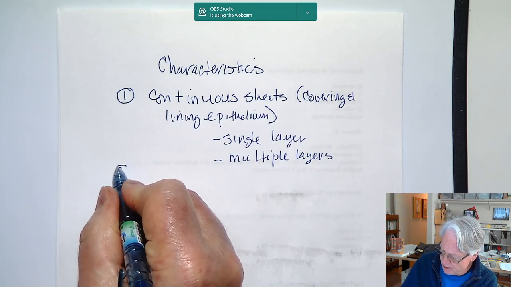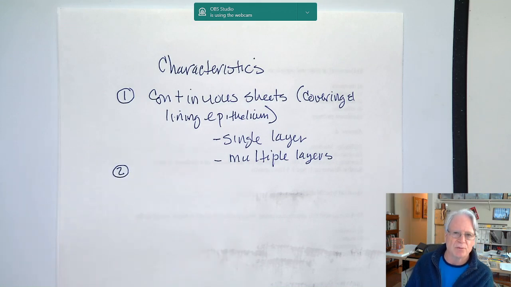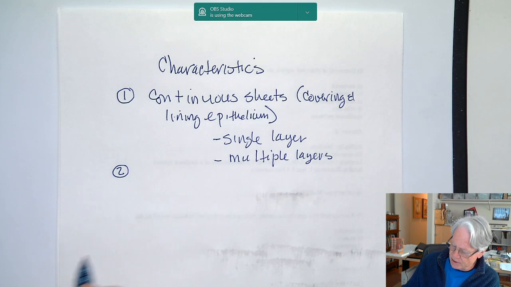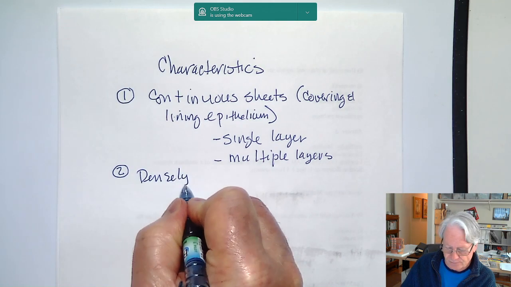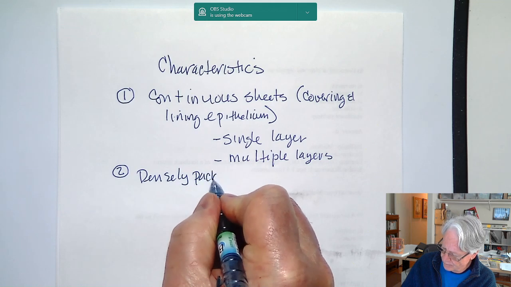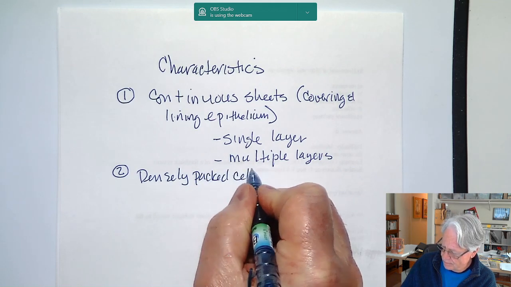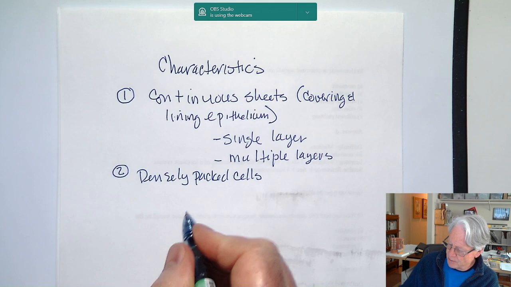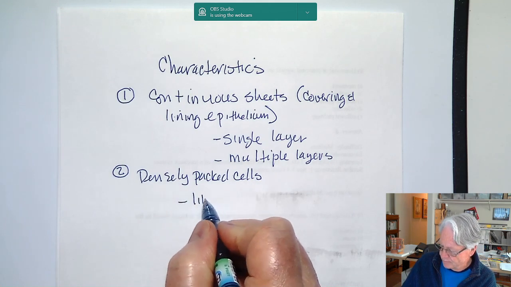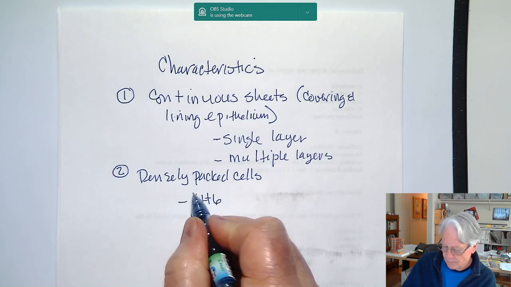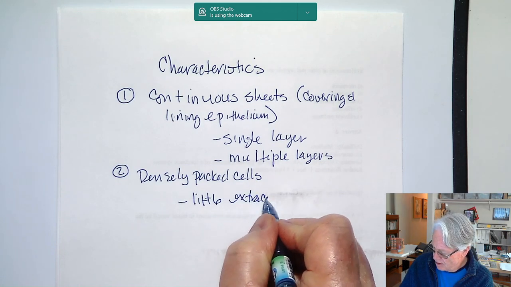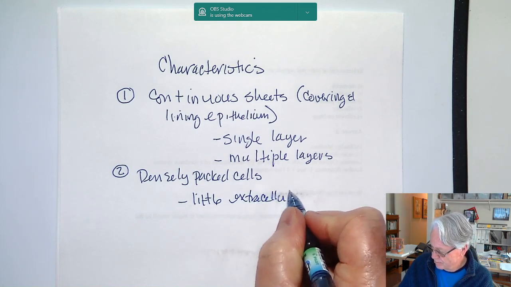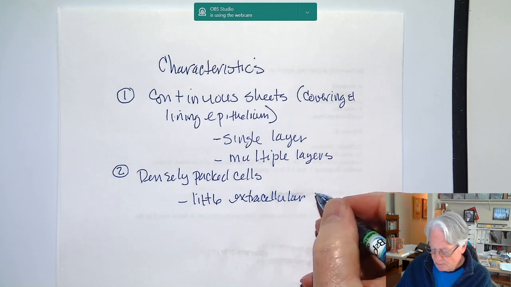Another characteristic, and this is true for both covering and lining epithelium, is that we are looking at densely packed cells. That means that there is very little extracellular material.